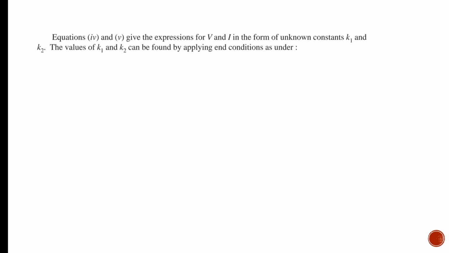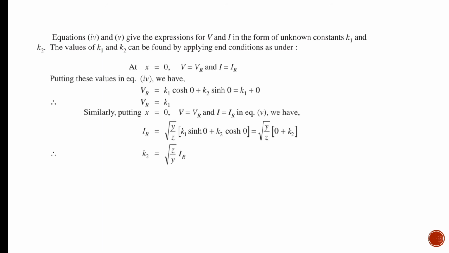The fourth and fifth equations give the expressions for voltage and current in terms of unknown constants. To get the constant values, we apply certain conditions: at x equal to 0, V is VR and I is IR. Putting these values, VR is equal to k1 cosh 0 plus k2 sinh 0. Since cosh 0 is 1 and sinh 0 is 0, VR is equal to k1.